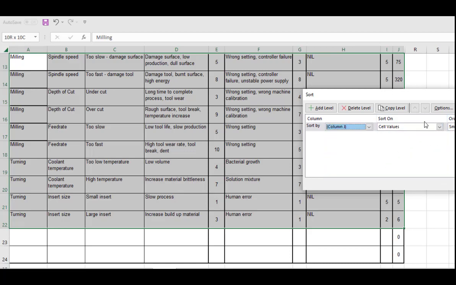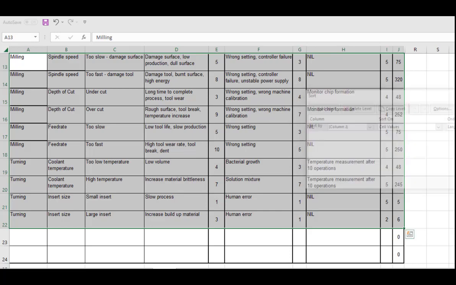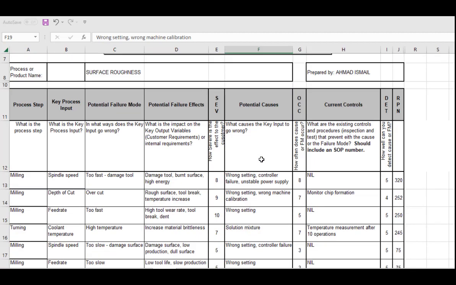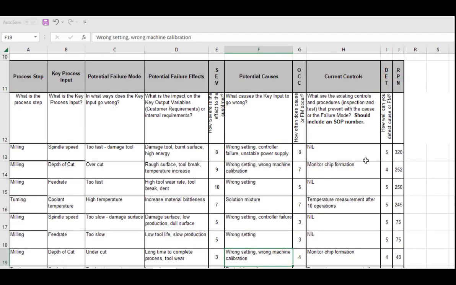Column J, from the largest to the smallest. Okay, right, so now we have sorted the RPN, and again during this step we could utilize a few approaches.